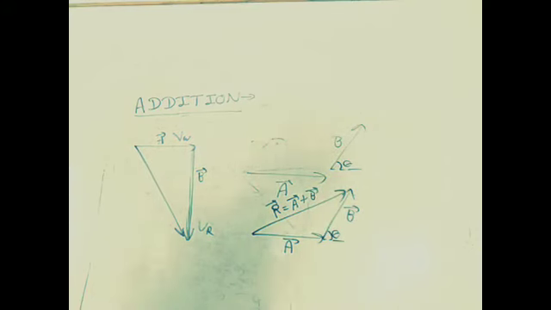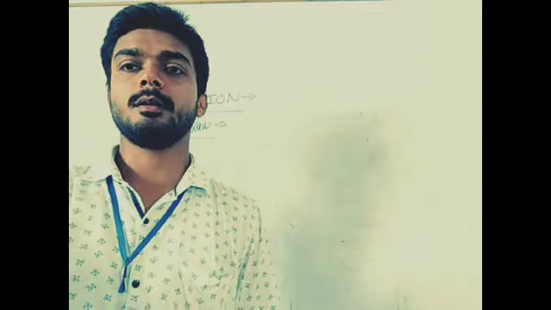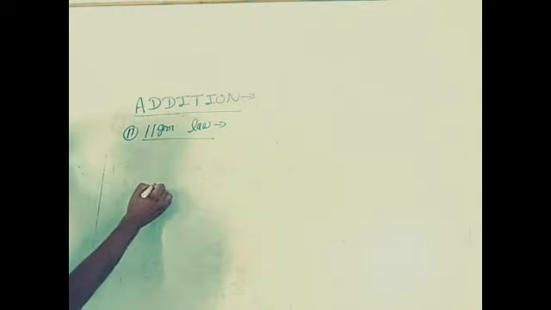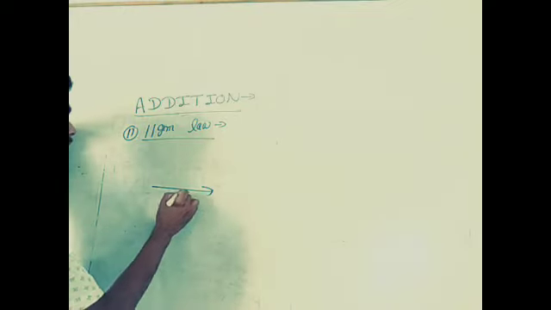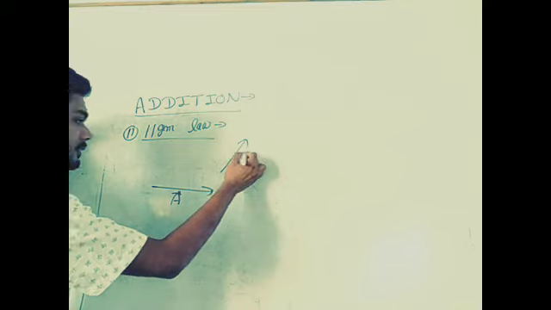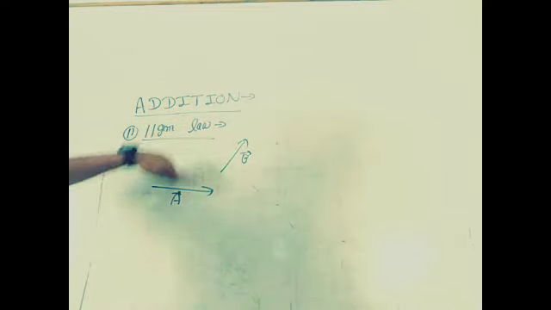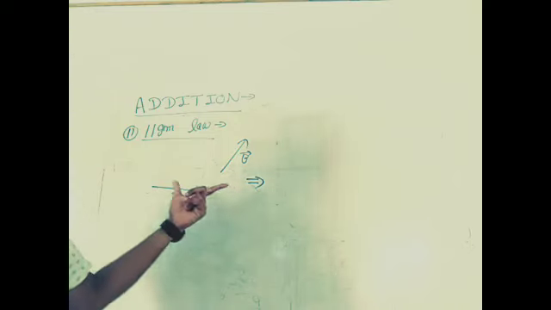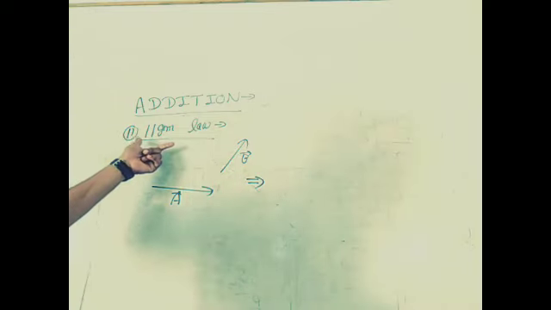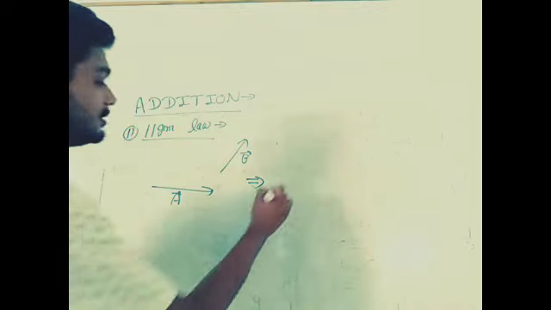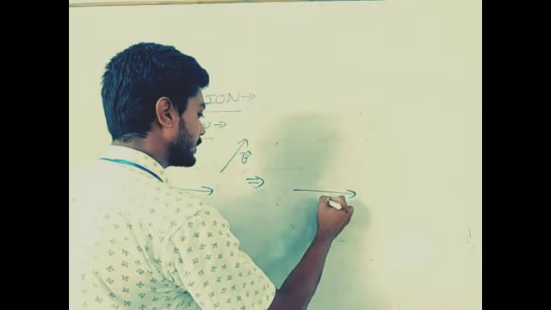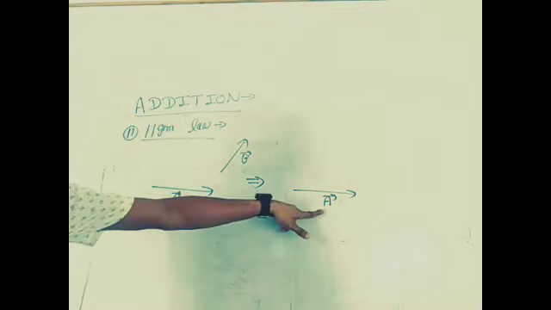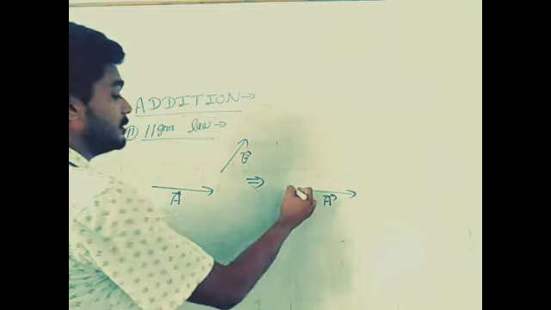Next method is, students, parallelogram law of vector addition. In parallelogram law, suppose you have two vectors, vector A and vector B. How can you add these two vectors using the parallelogram law? As the name says, here we are going to draw a parallelogram. How? Draw first vector. From tail of first vector, draw second vector.